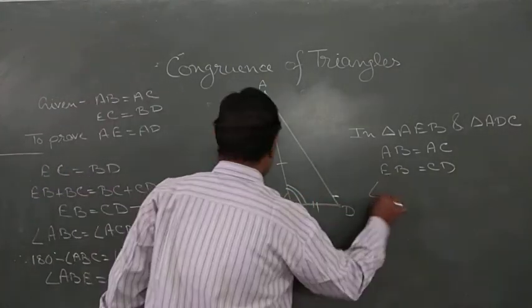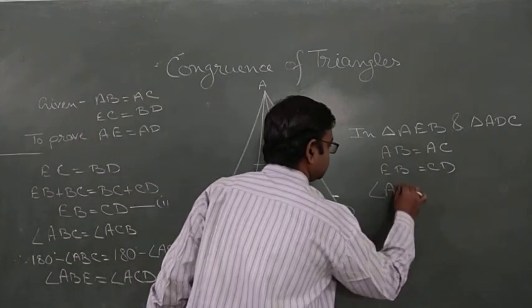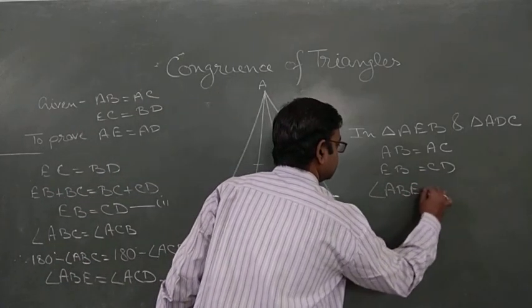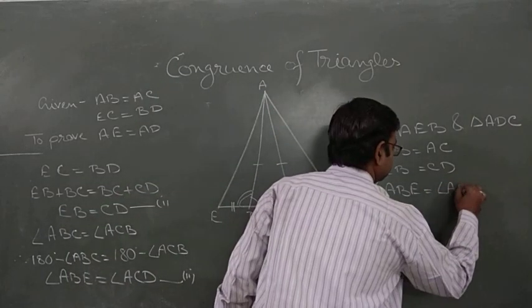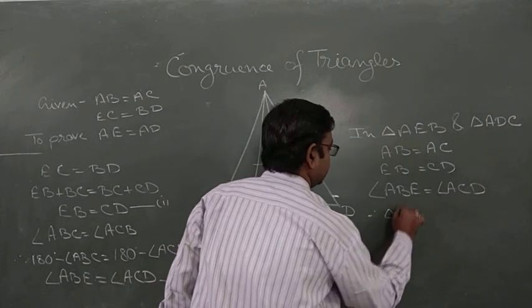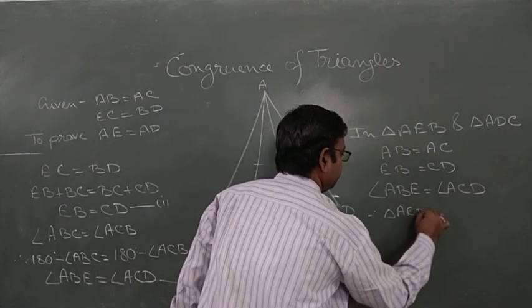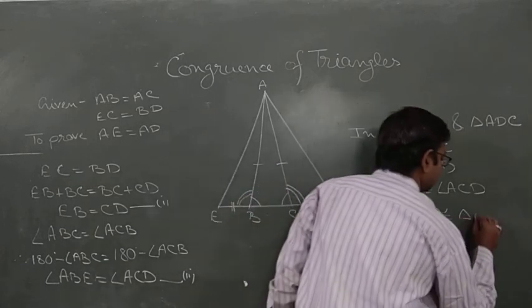Now angle ABE equals angle ACD. So therefore we can say triangle AEB is congruent to triangle ADC.